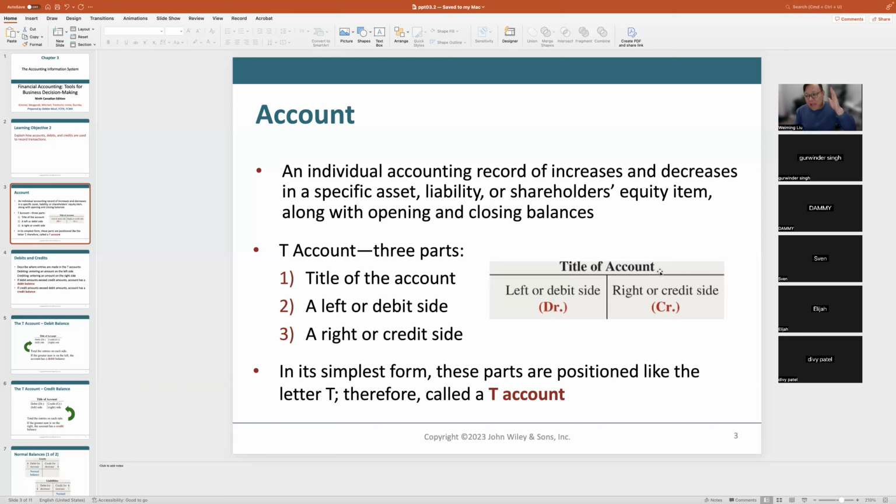We have debit, we have credit. So for the T account, the left side we call the debit side, and the right side we call the credit side. It looks like a T shape, so we call this a T account.